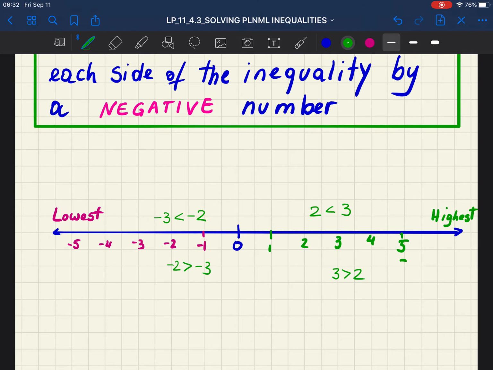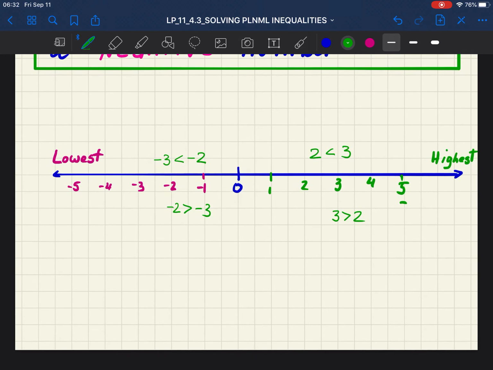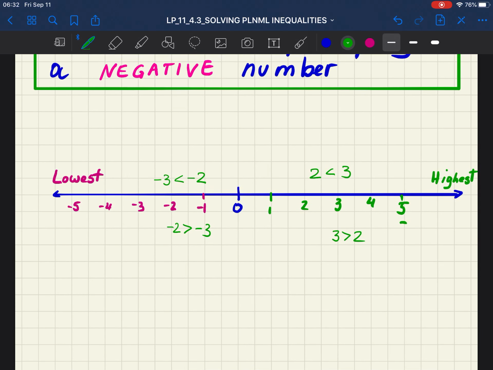Now, this is how we compare numbers. If we were to compare, for example, the numbers 5 and 4, you would say that 5 is greater than 4. What we just did was practically build an inequality.